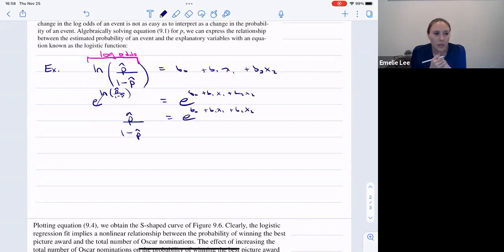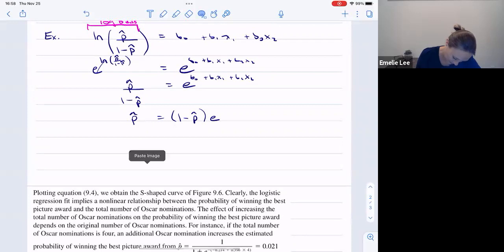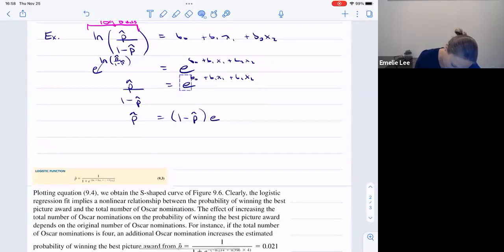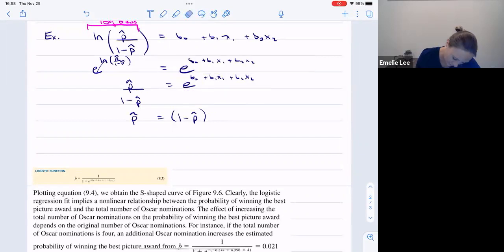There are a couple of ways you could go about it, but if you're trying to solve for p hat, I would probably multiply 1 minus p hat over to this side. So I get p hat is 1 minus p hat times e to the linear model. First I'll paste this here so I don't lose it, and I'll copy this so I don't have to write it out every time.